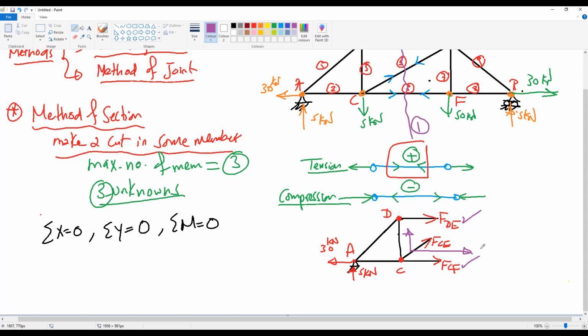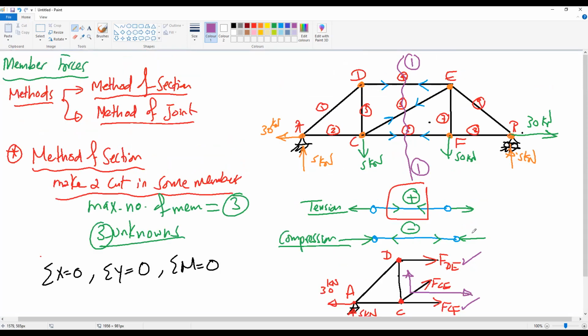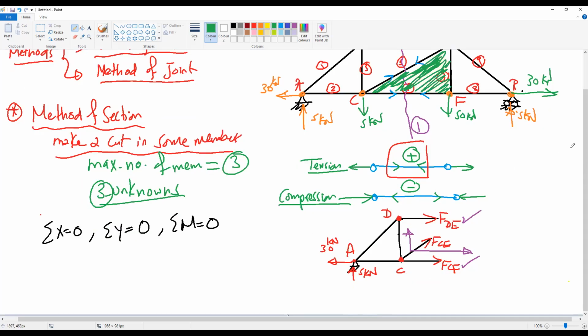Okay, if we go up a little bit in this green triangle, what we have in this triangle, I will take it out here. So we have this perpendicular angle. This will be our theta.